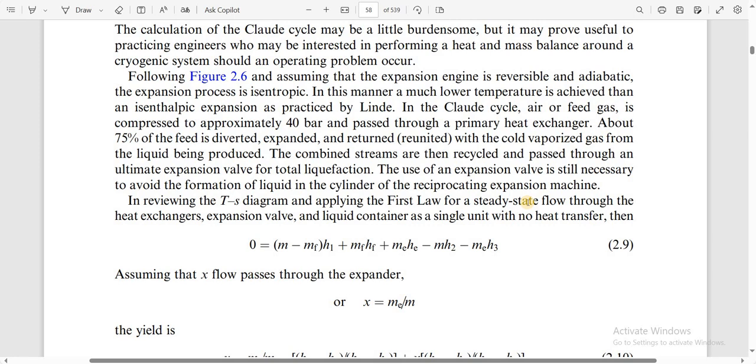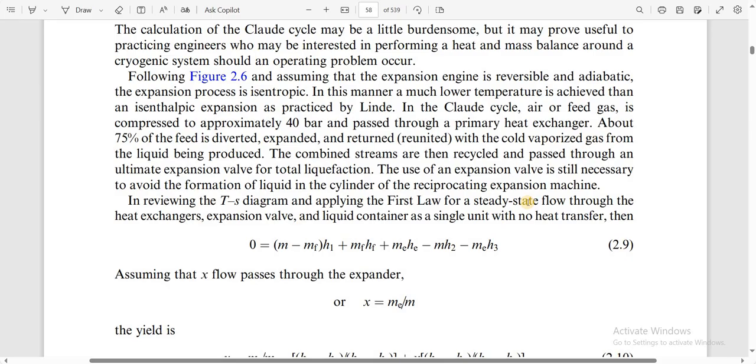About 75% of the feed is diverted, expanded and returned, reunited with the cold vaporized gas from the liquid being produced. The combined stream is then recycled and passed through an ultimate expansion valve for total liquefaction.